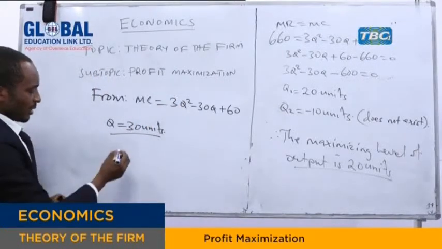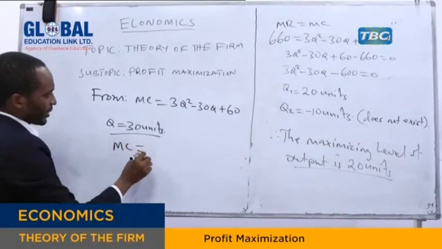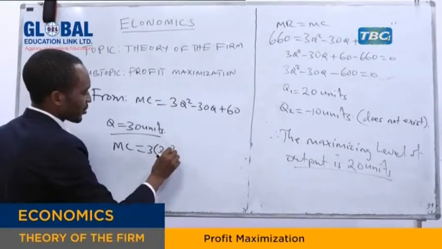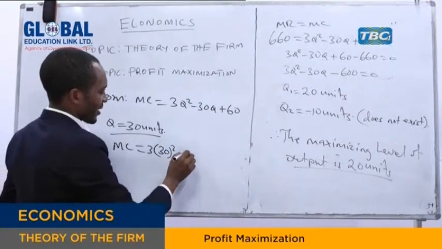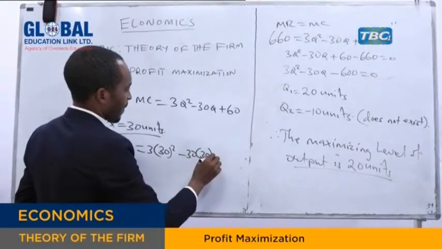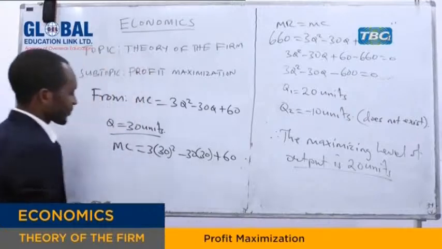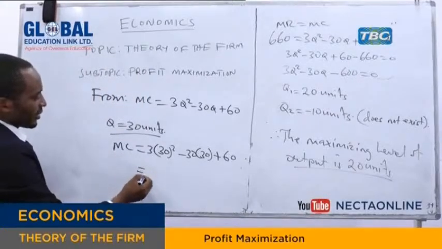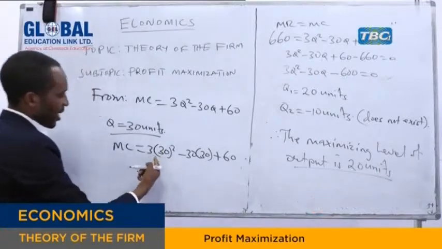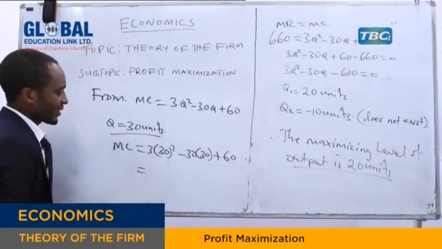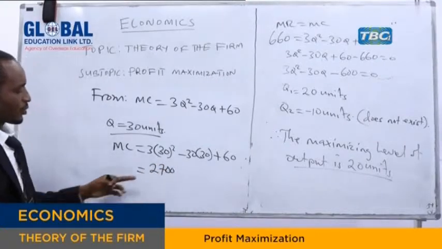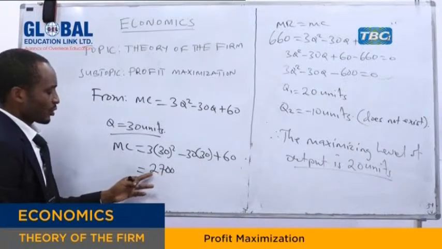So the marginal cost will be equal to 3 times 30 squared minus 30 times 30 plus 60. When you multiply this, it will be 1,860.